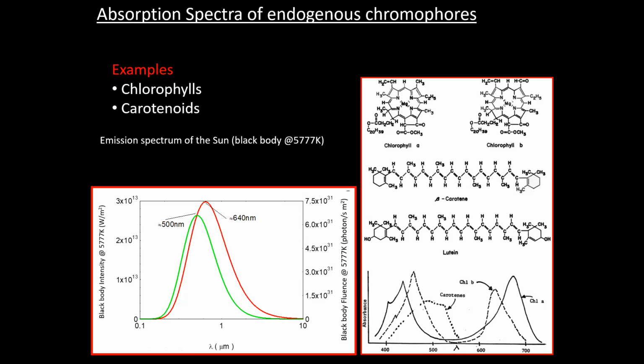Now, always keep in mind that 430 is violet light. 480 is blue. 520, 540 is green, more or less. 600 is orange. 630 is about red, and this is dark red, and then you have the infrared region. And these molecules do not absorb in the infrared.